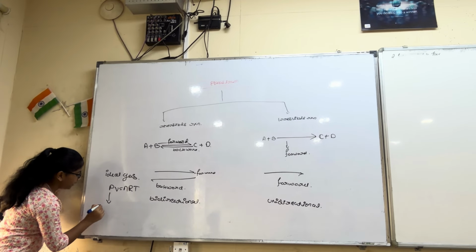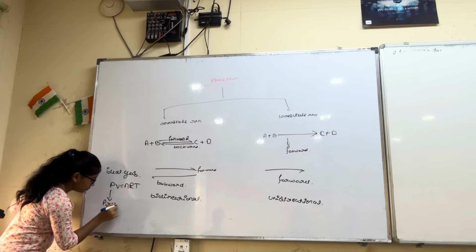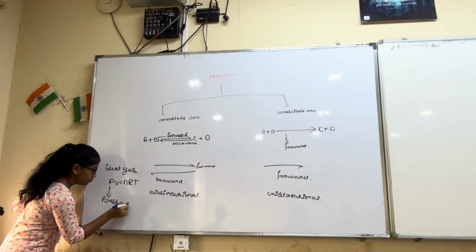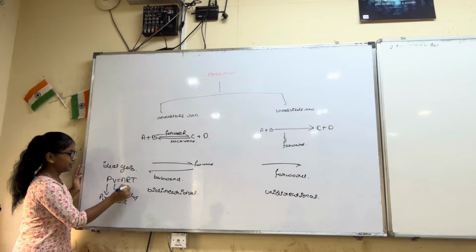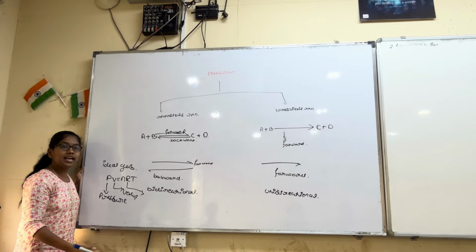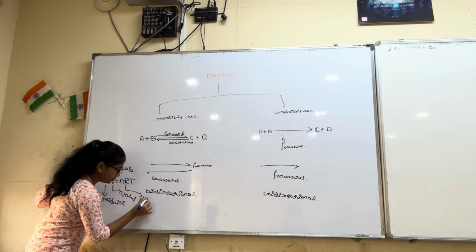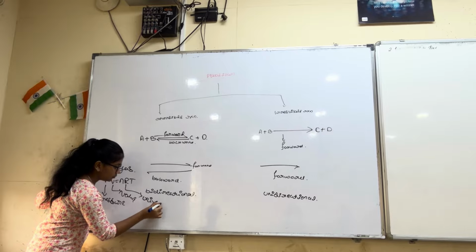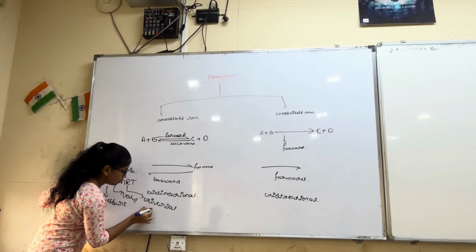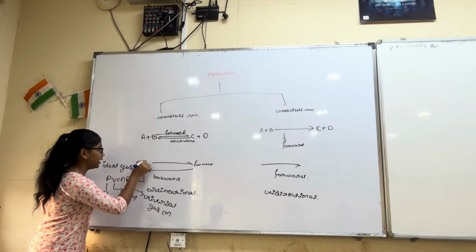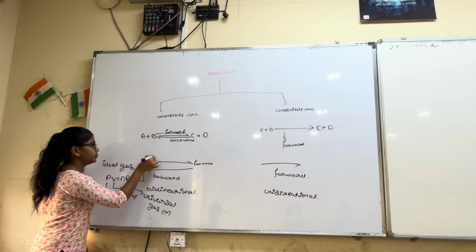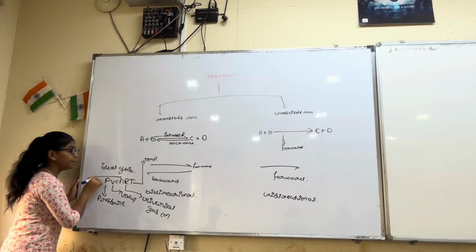P means pressure. V is volume. R is universal gas constant. T is temperature. n is number of moles.